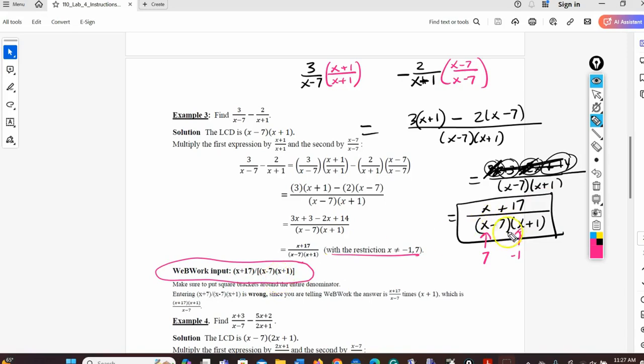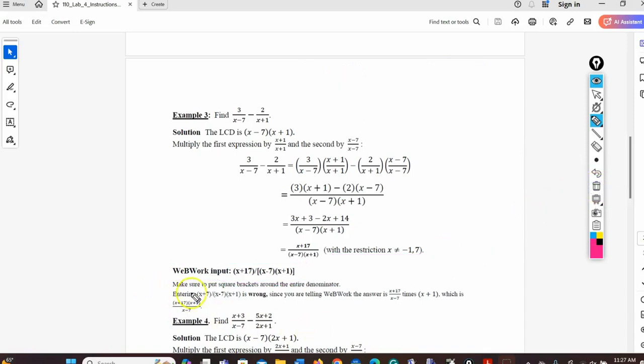You have multiple parentheses in the denominator, so you have to put an extra pair of grouping symbols, and they have to be square brackets. And again, I refer you to that web worksheet of examples. Make sure you put square brackets around the denominator.